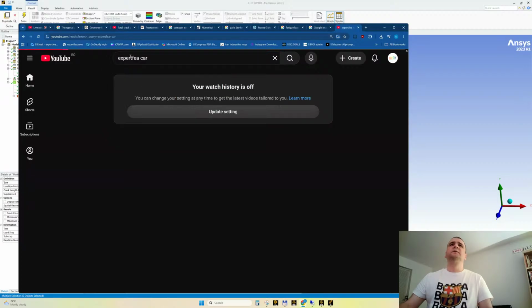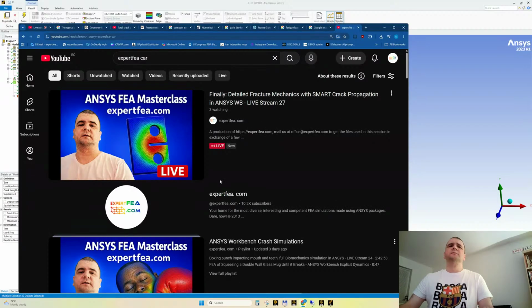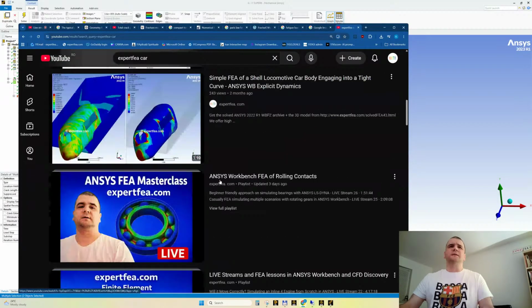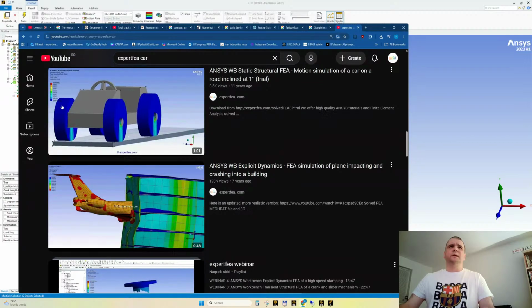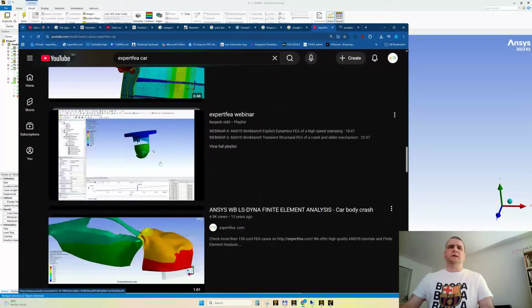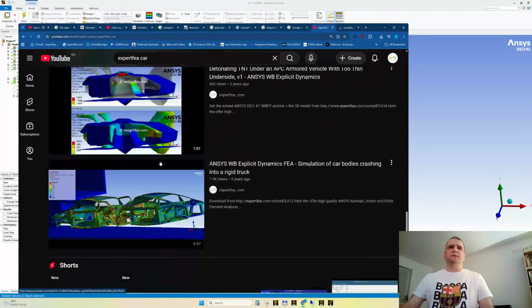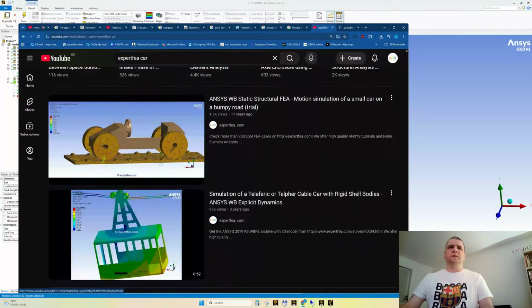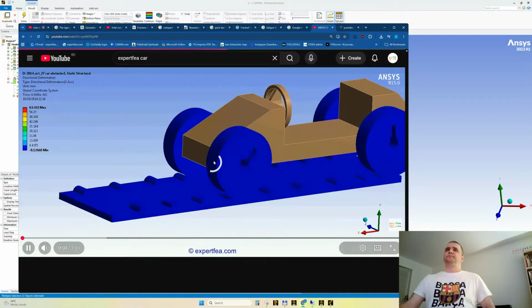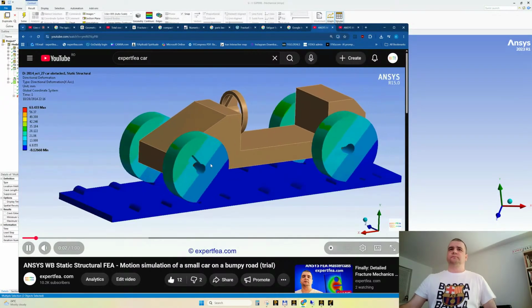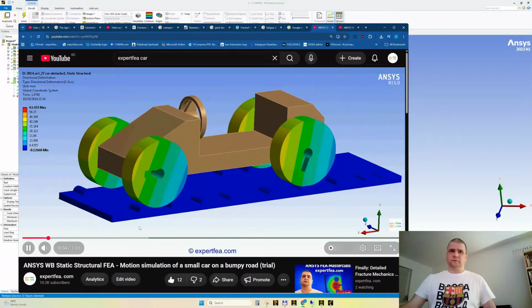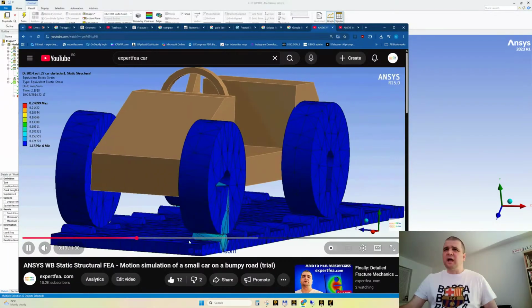Car. I think this simulation that I will show you is closest to what you need. This one.